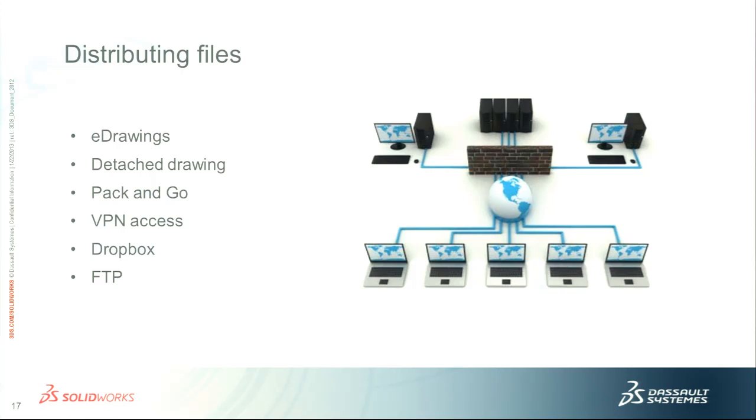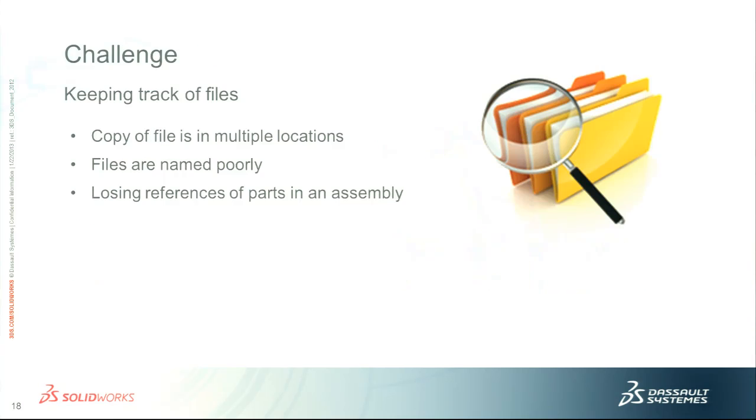They give you 2.5 gigabytes of storage space for free, sort of like the cloud. But the really cool part is that on your computer, you have a folder, and that folder gets synced back and forth. So if you make changes in the folder, it will change what's on the internet in your Dropbox in the cloud. All right, and then FTP, file transfer protocol, another way to distribute files.